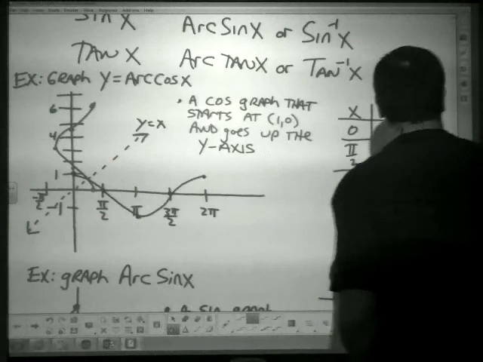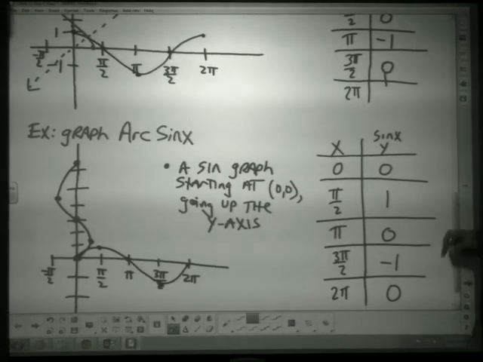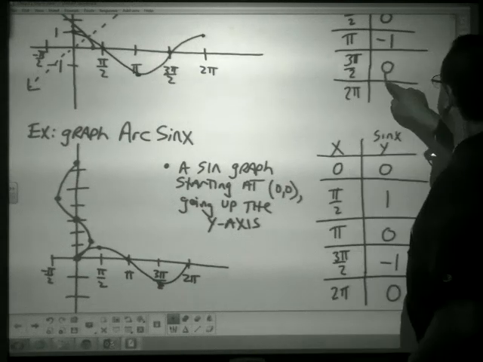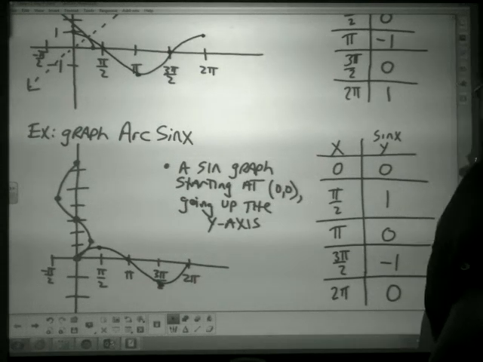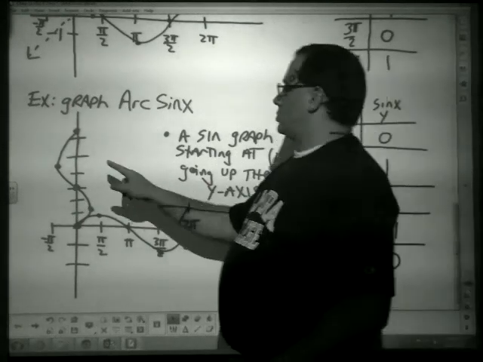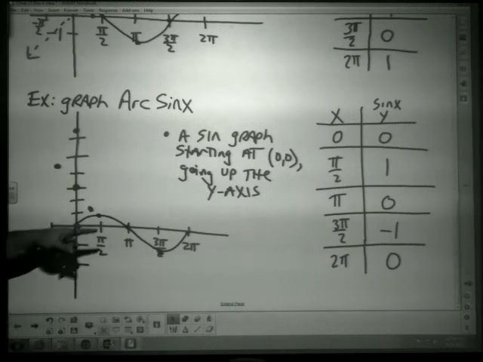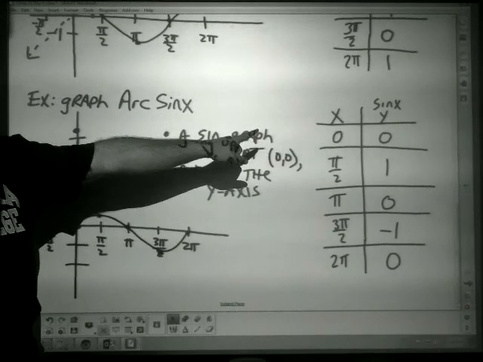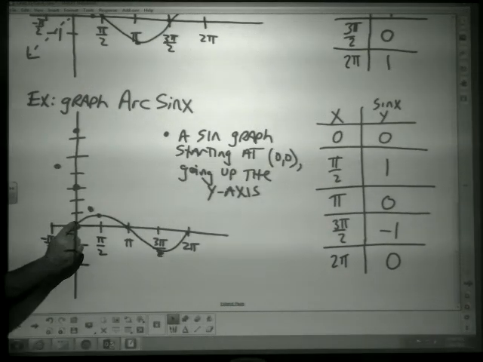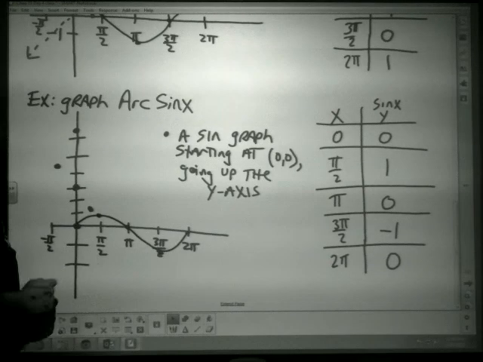Let's try graphing arc sine. It's a sine graph that will start at the origin, or 0, 0. Okay? And then goes up the y-axis. Notice, if I draw the initial sine graph, we're at center line, max, center line, min, center line.